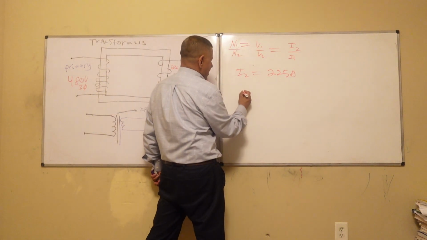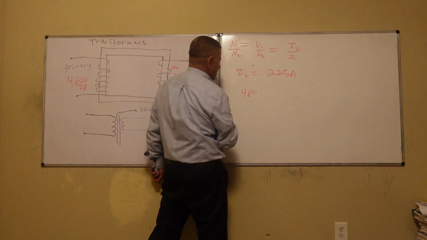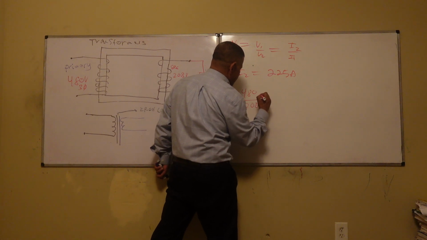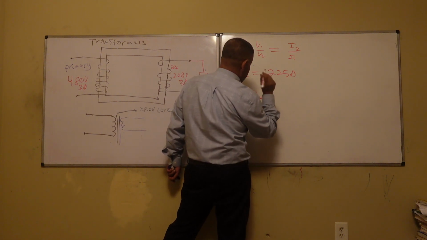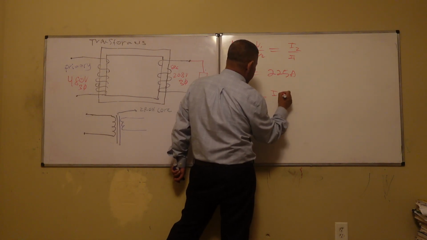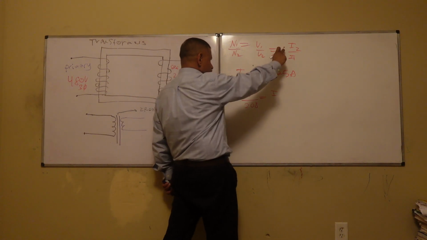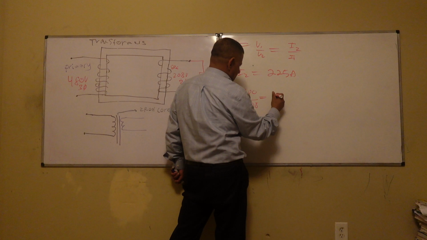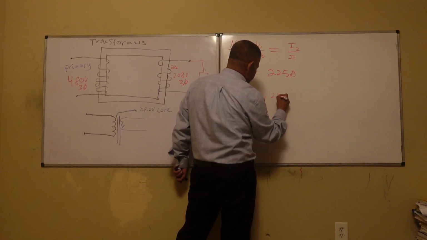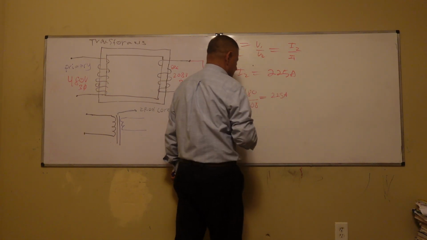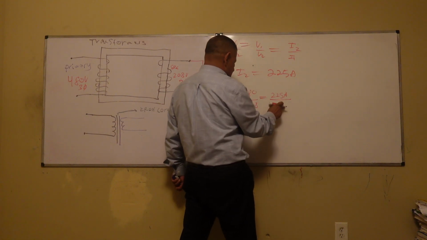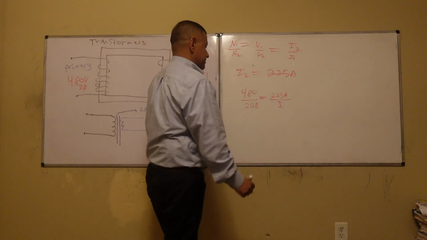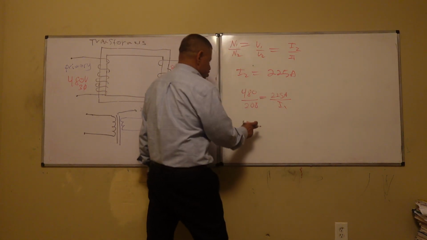So what I do is the following: 480 over 208 is equal to I2, which I already have, 225 amps, and on the bottom over here I got I1, I need to find that. So what do I do?